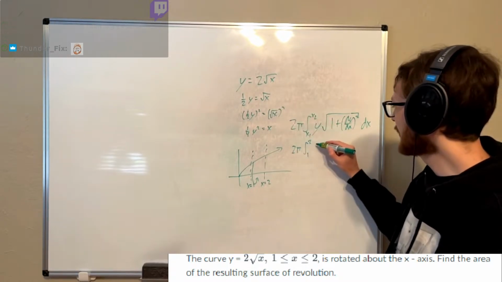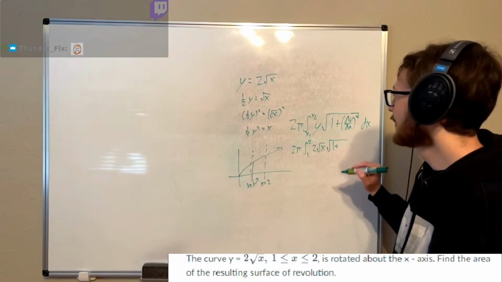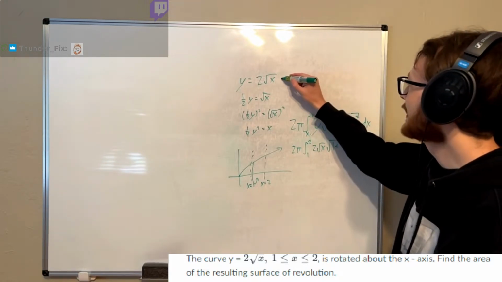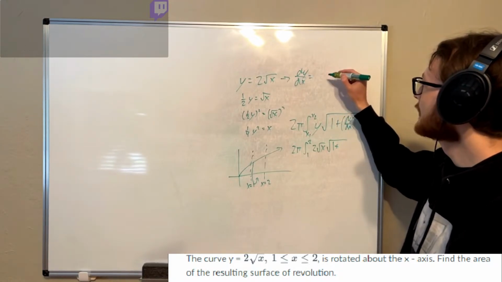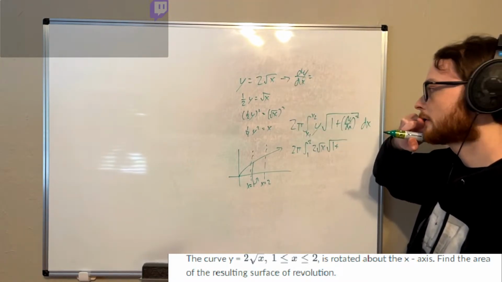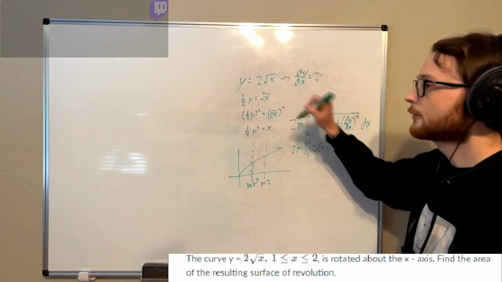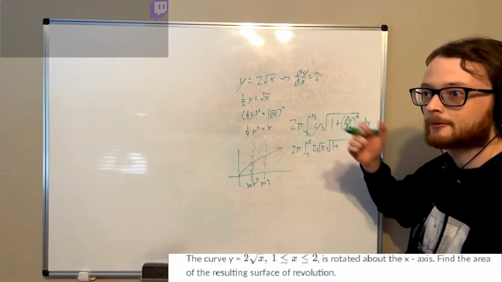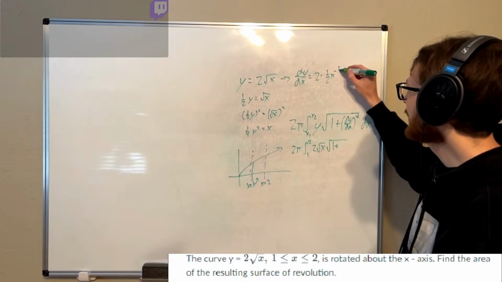y is 2 root x. Deriving dy/dx, you get 2, that 2 just stays the same. Root x is the same as x to the power 1/2. Applying the power rule to that, you get 1/2 times x to the minus 1/2.